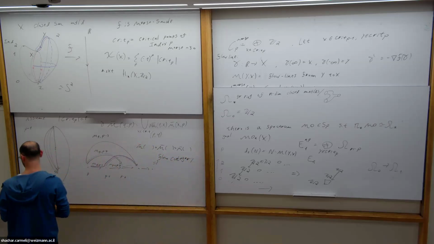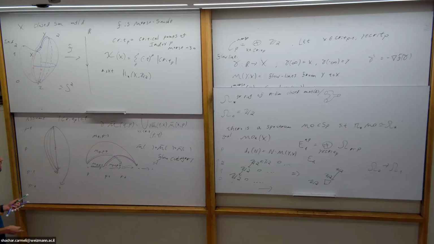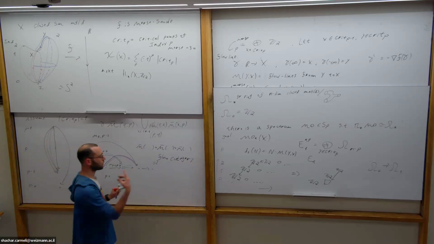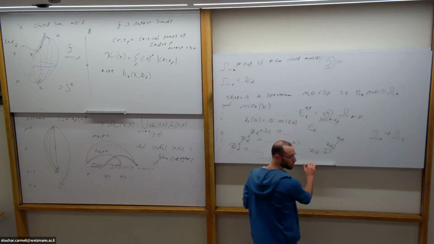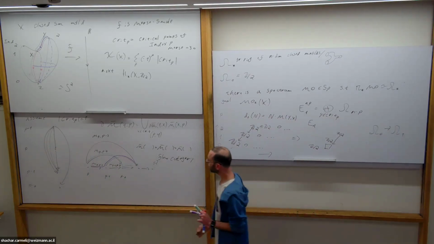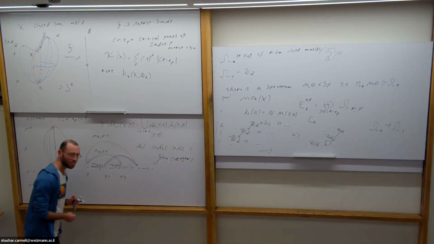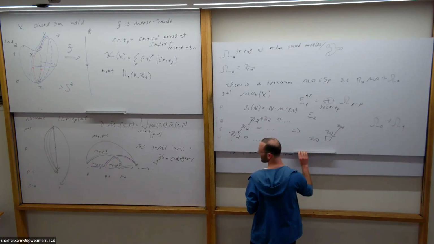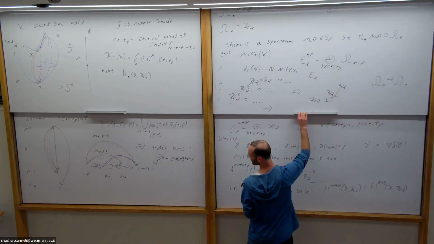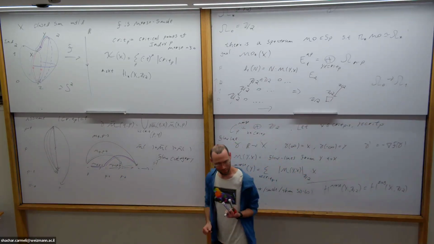And now we can try to give intuition about the higher differentials. Wait, what is the flow category? A flow category is a thing that looks like that. I mean, what is it in categorical language?